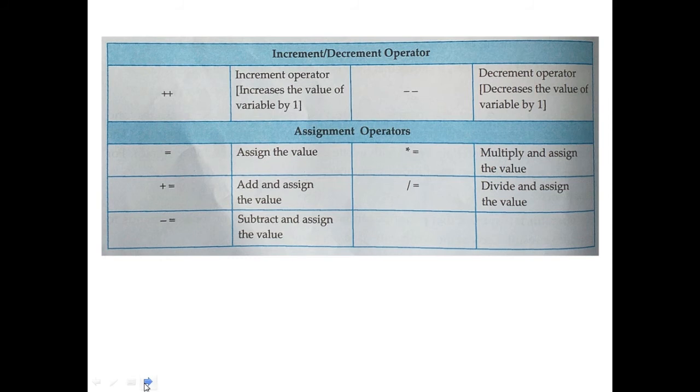Plus plus, minus minus. Plus plus means increases by 1. Minus minus decreases by 1. We have assignment operators, like single equal to assign a value, like int a equal to 10. 10 is assigned to a. Then add-and-assign, like plus equal to, minus equal to, multiply equal to, divide equal to. These are all assignment operators.